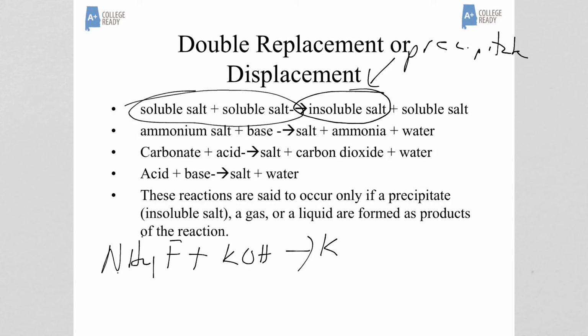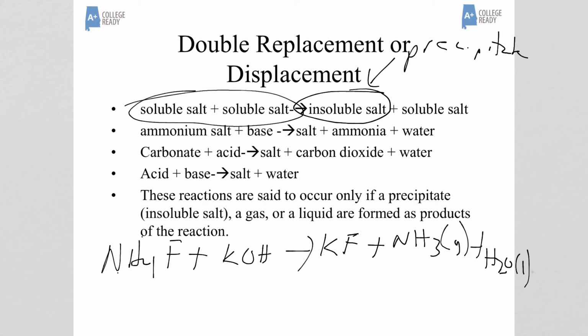So we're going to get KF plus, it looks like we should get NH4OH. But this compound, ammonium hydroxide, is unstable and quickly breaks apart. And instead of being NH4OH, it becomes NH3, which is a gas. You'll see bubbles. Plus water, H2O, which is a liquid in this case.